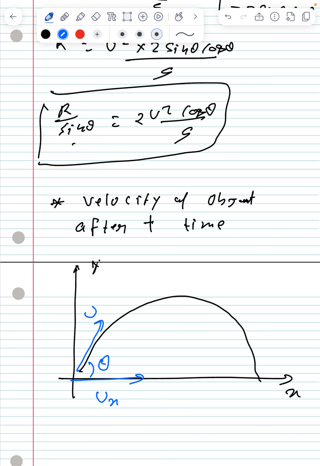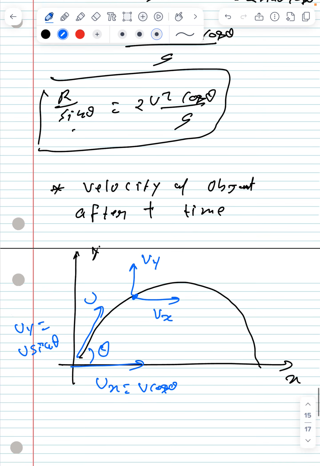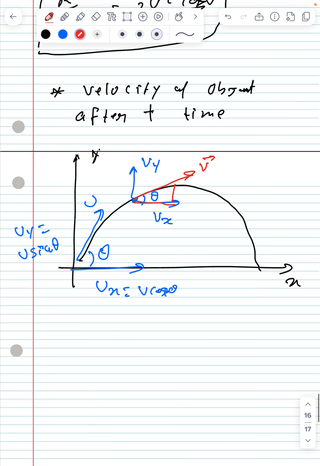Suppose this is a coordinate system with y and x axes, and this is a projectile path, right. At the initial point, the initial components of projectile velocity are ux equal to u cos theta, and similarly uy equal to u sin theta.